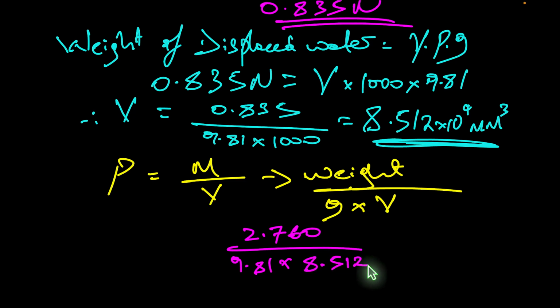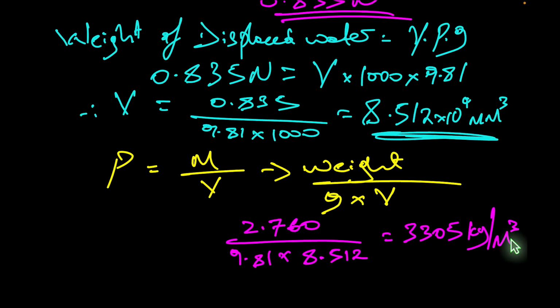And this is going to give us a density of 3,305 kilograms per meter cubed. So that's representing the density of our body.